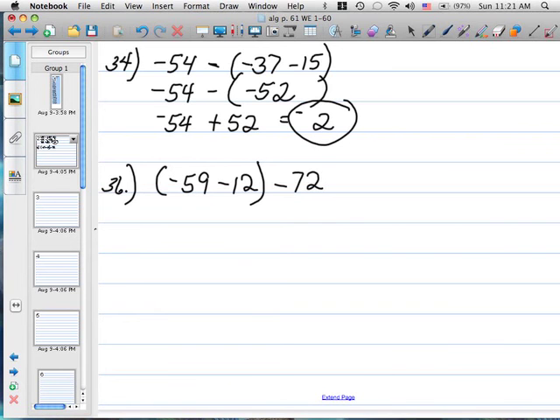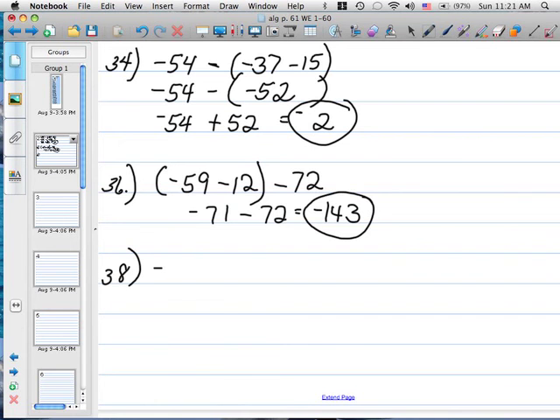So bring down the negative 54 and work out what's inside. That's a negative 37 and a negative 15, so that gives you negative 52. Now this has to be changed to addition because I got the two negatives, so that's plus 52. Signs are different, subtract, I get 2, and there's more of the negative, so it's negative 2.